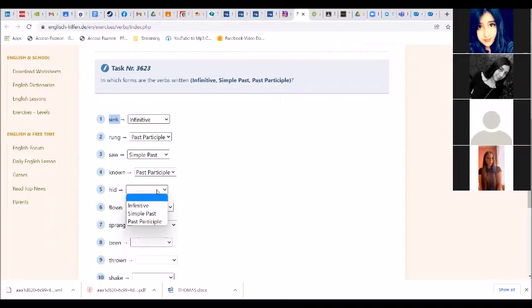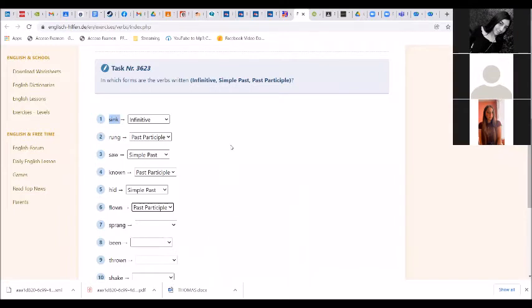What happened to Andy? Are you there, Andrea? Yes. Past. Hid, past, exactly. Good. I see two hands. I see Carolina and I see the other hand. Carolina, you first. Past participle. Lone, good. Who was the other hand? Right, we lost that person.